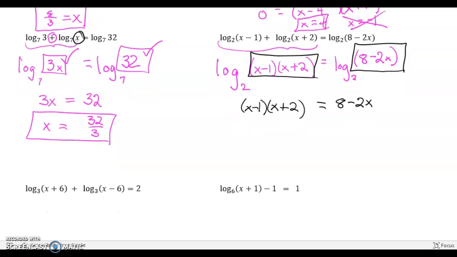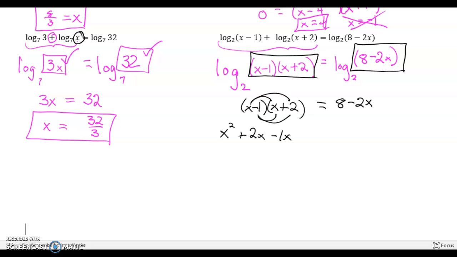We'll solve that. I think I'm going to need more room. So we'll have to FOIL: x squared plus 2x minus 1x minus 2 equals 8 minus 2x. So x squared plus x minus 2 equals 8 minus 2x.